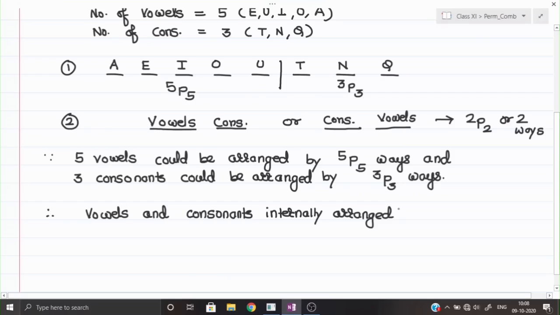So if we combine both of them, internally they can be arranged by 5P5 multiplied by 3P3 ways. Internally we are arranging, means vowels are changing places internally, consonants are changing places internally. So the whole permutation will be equal to 5P5 into 3P3 ways.